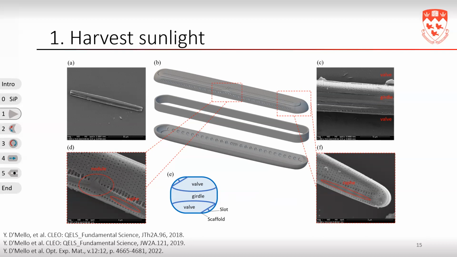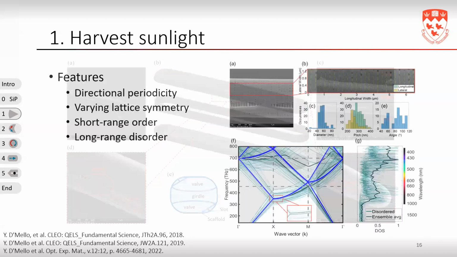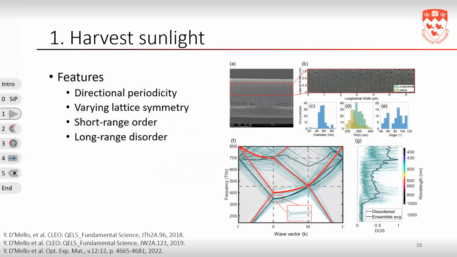If we zoom into the valve, I can identify certain features. The holes have a certain directional periodicity depending on the direction of propagation of light. The lattice symmetry varies across the photonic crystal, and this lattice seems to have a short range order but a long range disorder, which is really evident when we map the holes into photonic band diagrams.